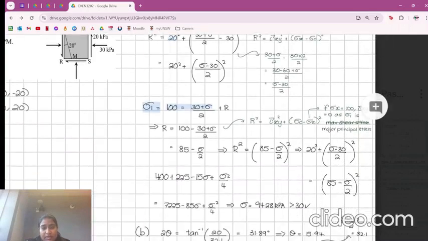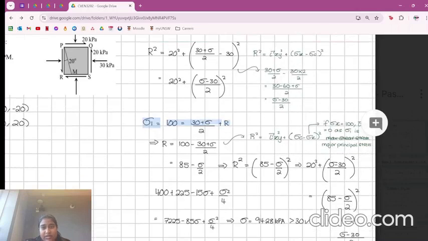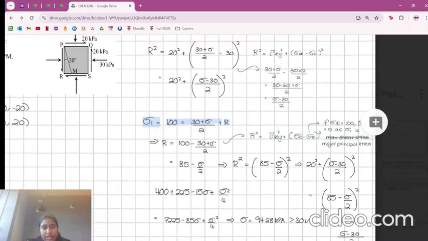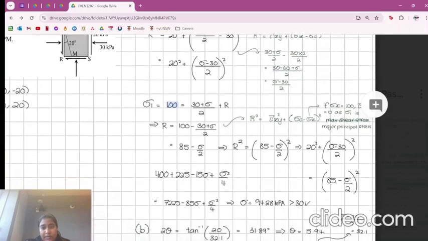And then here is another formula that will be on your sheet, or it's just a rearranged version of the one that we used before, where you've taken the maximum stress, which we know is 100 because they gave it to us in the question, and you know that that's equal to your sigma c value plus the r value, right?